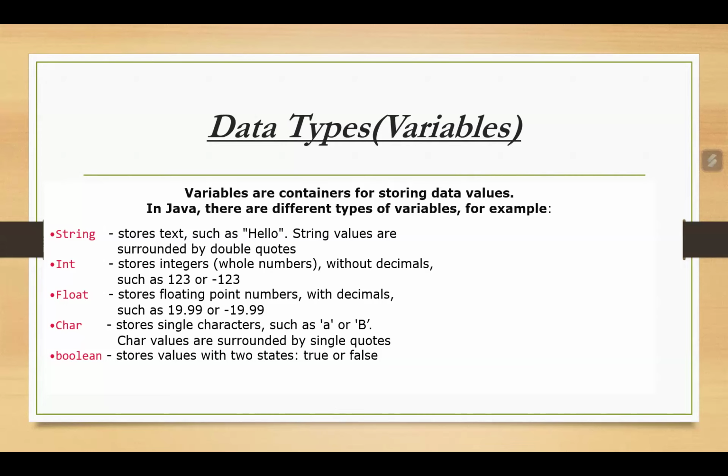After that, char, which stores single characters such as A or B in single quotes. After that, we have the Boolean data type. Boolean is nothing but a statement which states whether the statement is true or false.